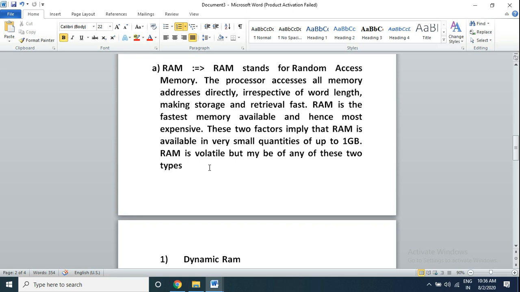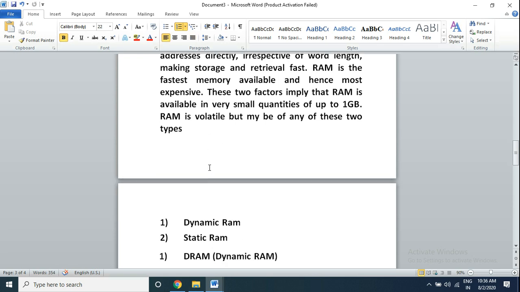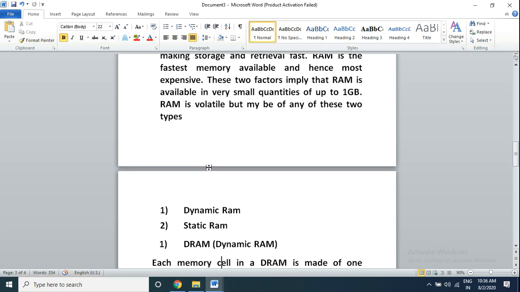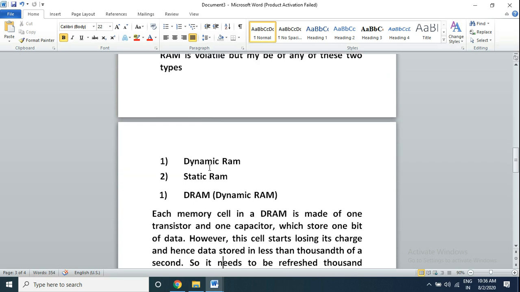Generally RAM is of two types. First is dynamic RAM and second is static RAM. Dynamic RAM is also known as DRAM. So what is dynamic RAM?